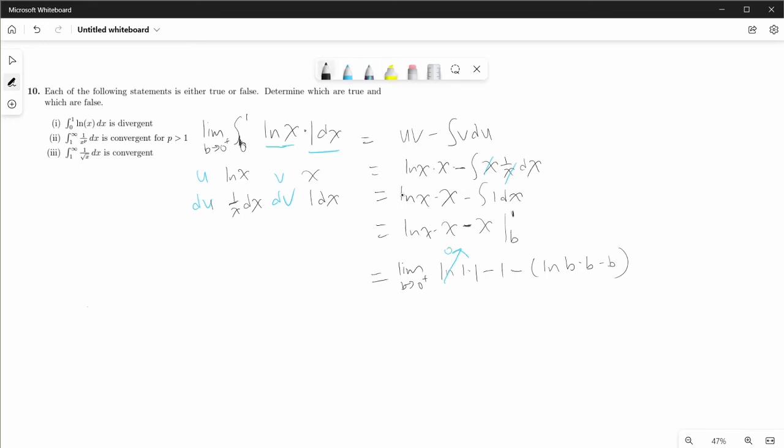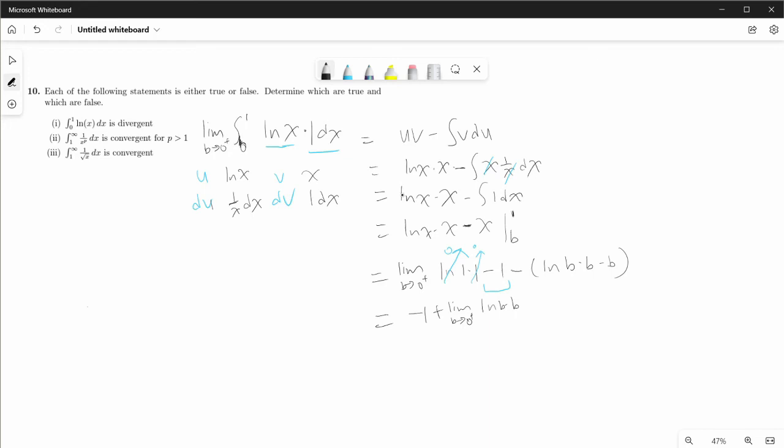So then I can move the negative 1 out, right? This 1 also goes with 0. So negative 1 plus limit of b approaching 0 from the positive side, we have ln b times b.